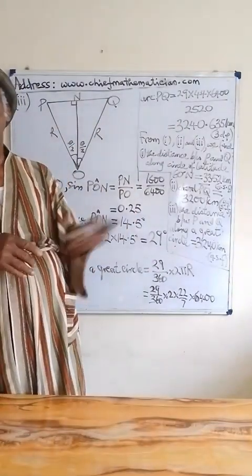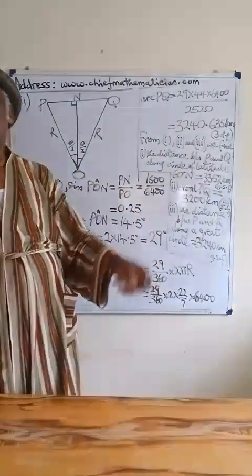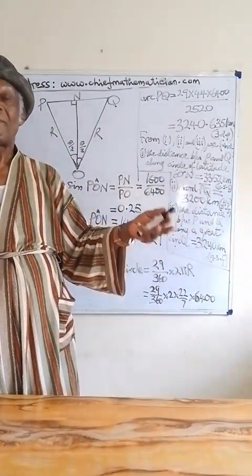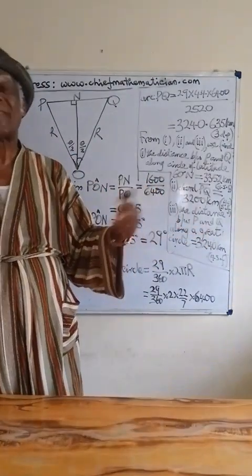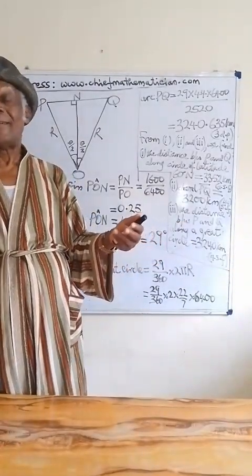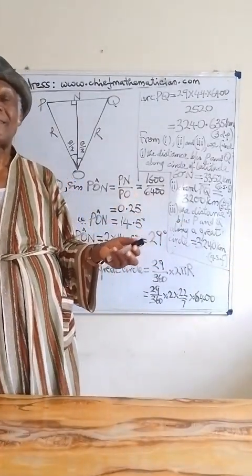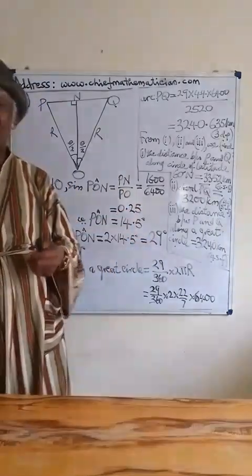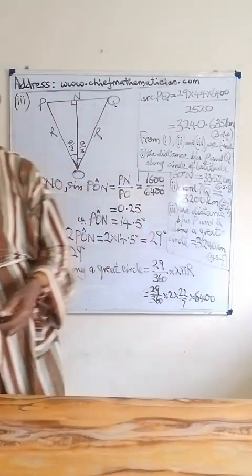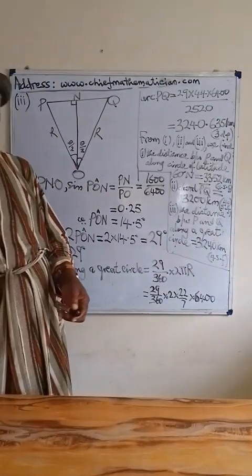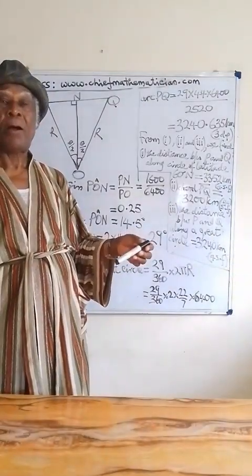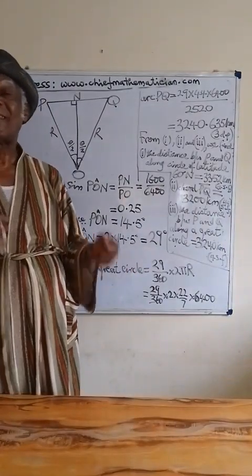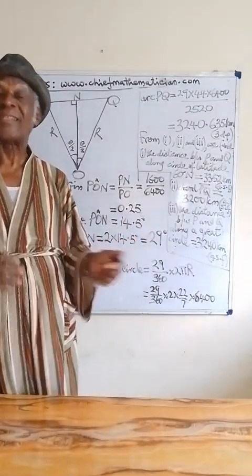From what we have done now, you can see that they are very different, and it is easy for us to see the shortest distance, the shorter distance, and all that. So I believe you can attempt any problem on longitude and latitude that concerns calculating distance between places on the Earth's surface.